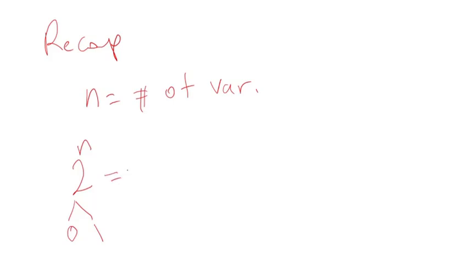If you only have one variable, you have two conditions, either 0 or 1, that's 2. So that's in summary how you calculate the number of combinations.